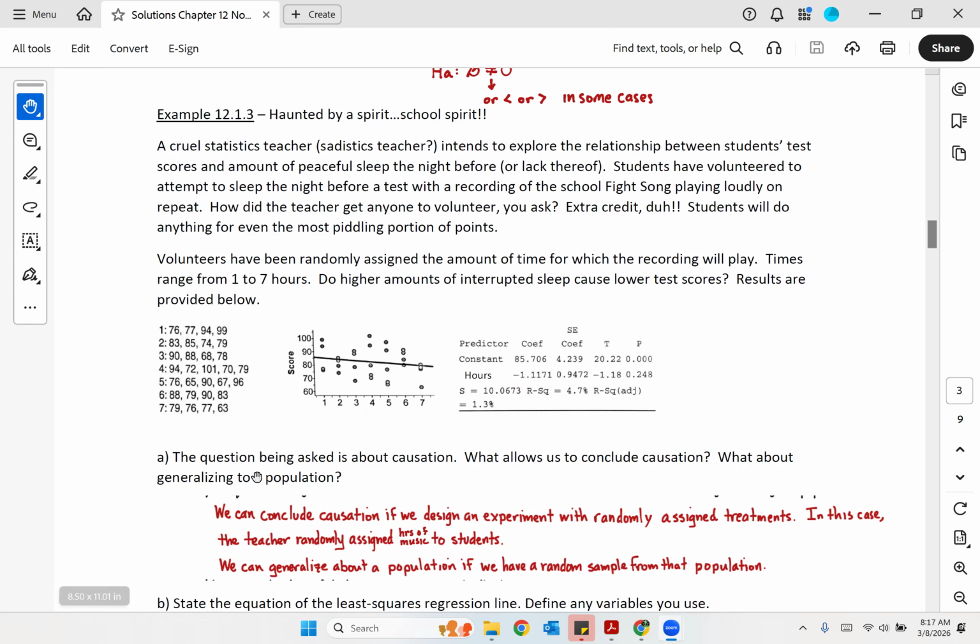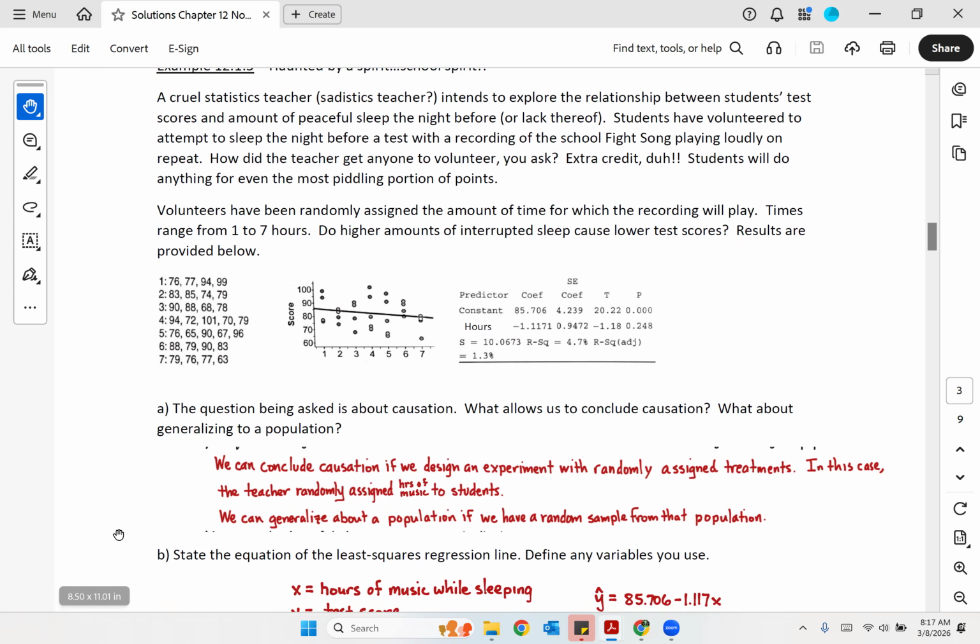All right, part A, the question being asked. I see the word cause in there. What allows us to conclude causation in the setup described above? What about generalizing to a population? These are questions we first saw in chapter 4 when we learned the difference between observational studies and experiments.